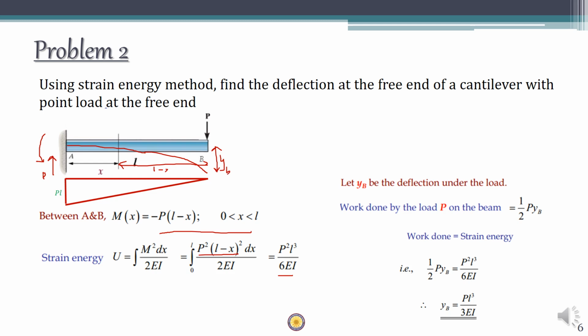Work done on the beam is nothing but P into YB divided by 2. So work done on the beam is half into P into YB. Work done should be equal to work stored or strain energy. So we equate both expressions to each other and find out what is YB. Simple. So we get the expression for YB is equal to PL cube by 3EI. Fine. Thank you.